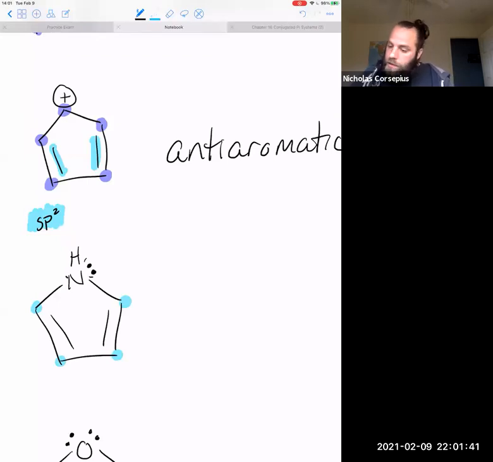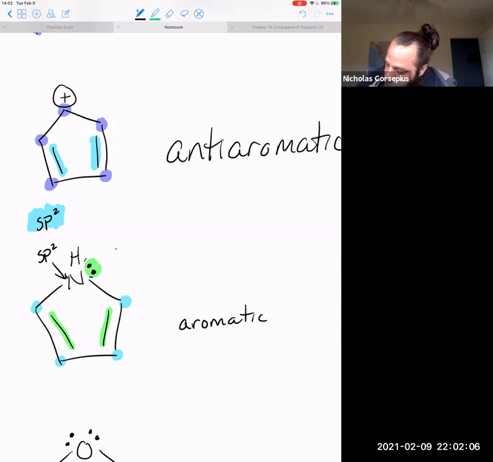In this case, we have 1 pair of electrons, 2, 4. If we include this pair, that's 6 total electrons. Does that fit Huckel's rule or not? Yes, that fits Huckel's rule. So indeed, this one will be aromatic, and this nitrogen will be sp2 hybridized. This pair of electrons will live in a p orbital.